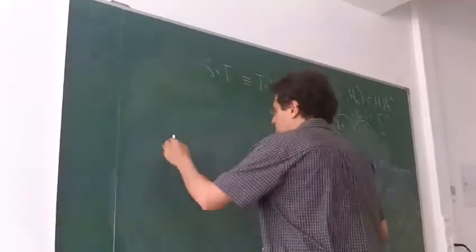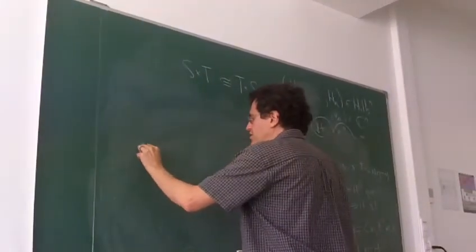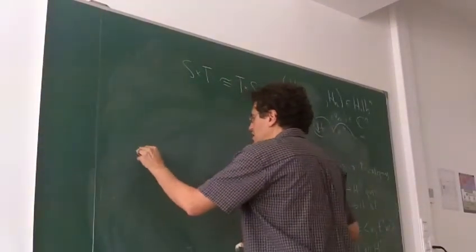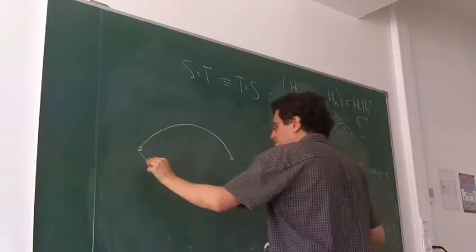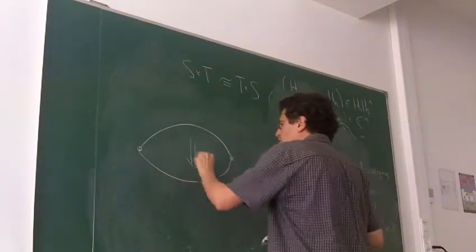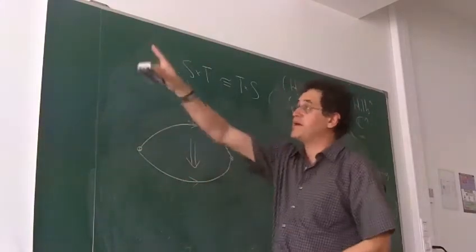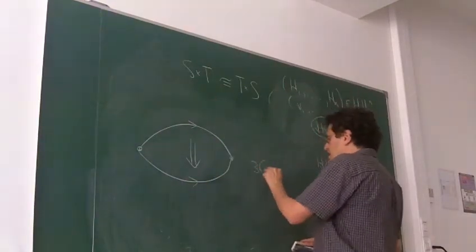So abstractly, what I'm talking about here is a two-morphism in this bicategory 3Cob_2.